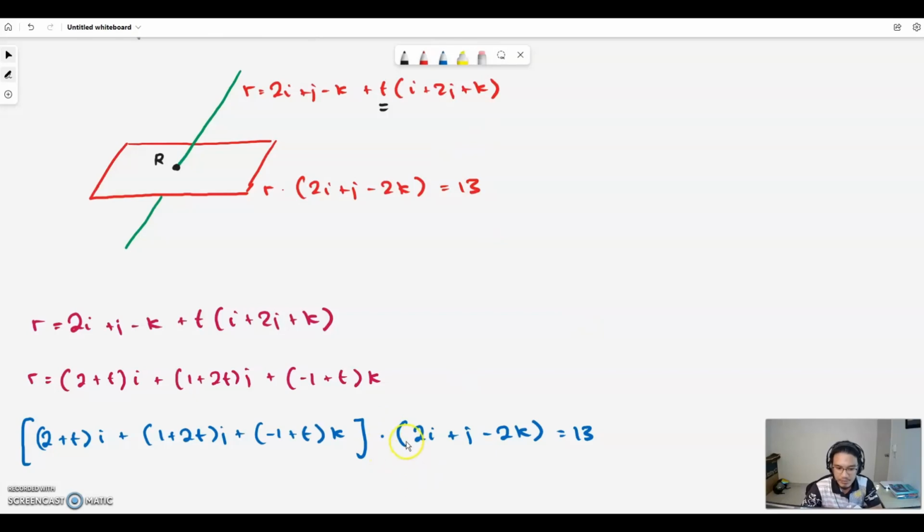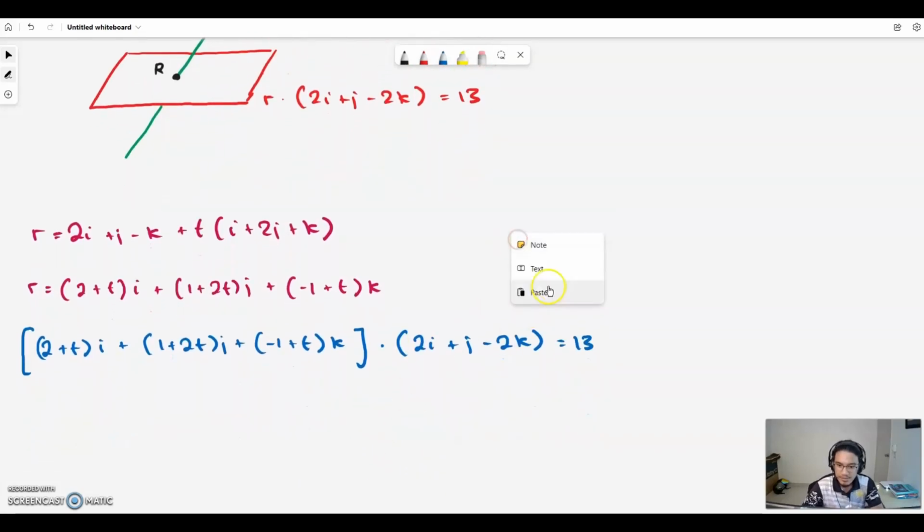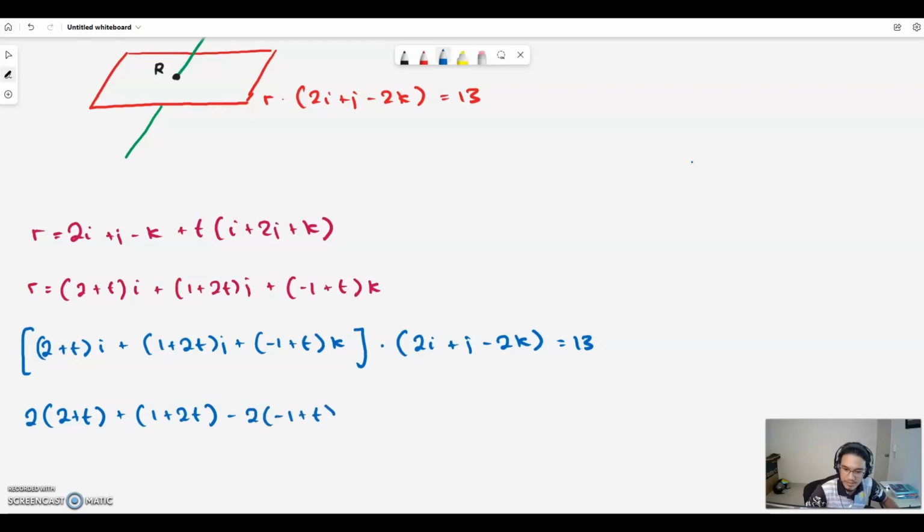Now we proceed with the dot product, and we have 2 plus t, plus 1 plus 2t, and minus 2 times negative 1 plus t, equal to 13.